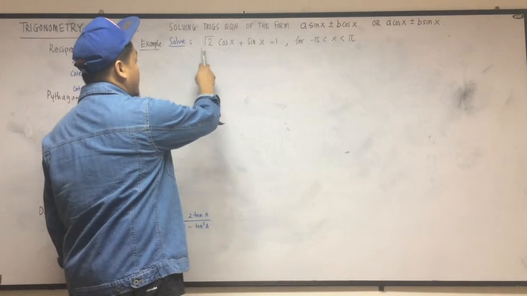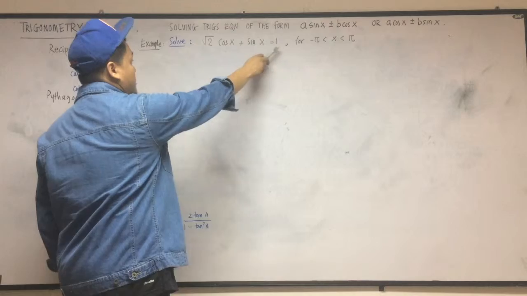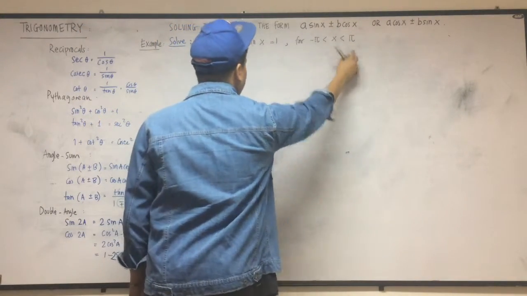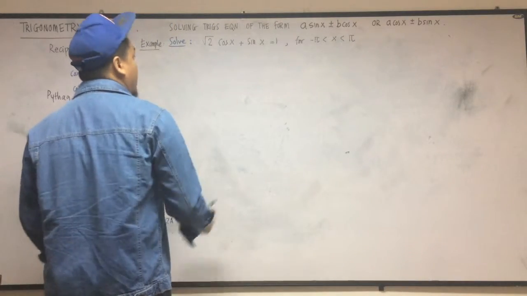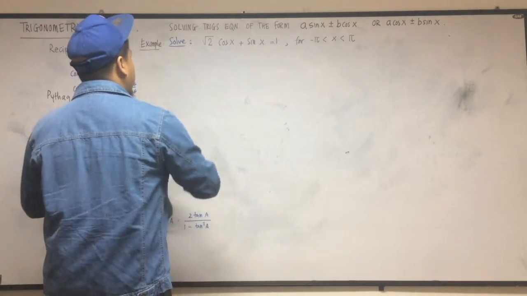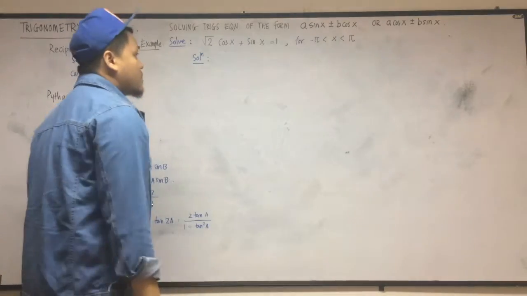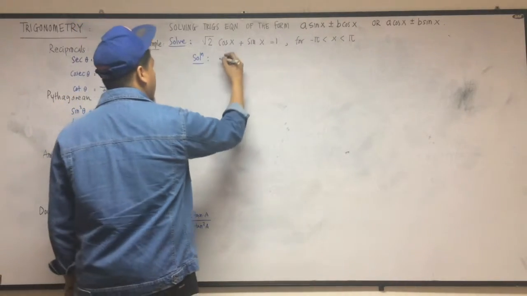Alright? Okay, this is an example. You are being asked to solve square root of 2 cos x plus sine x equals 1 for negative pi less than x less than pi, right? I'm sorry, negative pi. So to solve this, you just need to basically use the same way.